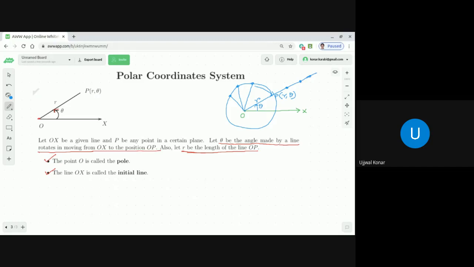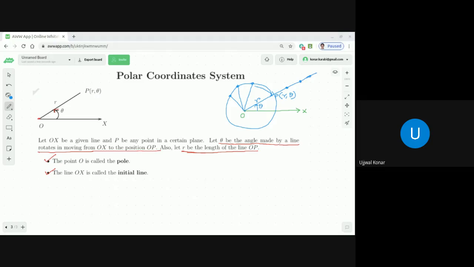Here OP is that line, and from OX to OP the angle is theta, measured counterclockwise. It is impossible to find another such point. As it represents a point uniquely, it is acceptable that the polar coordinate system can also represent a point.